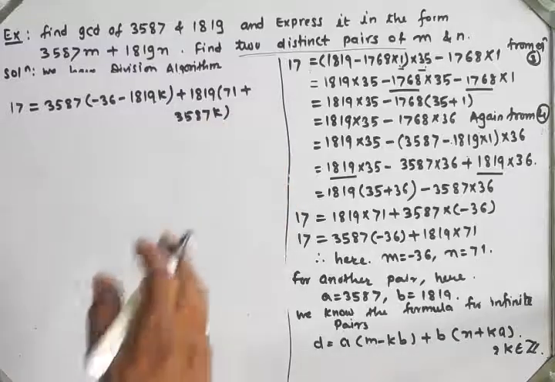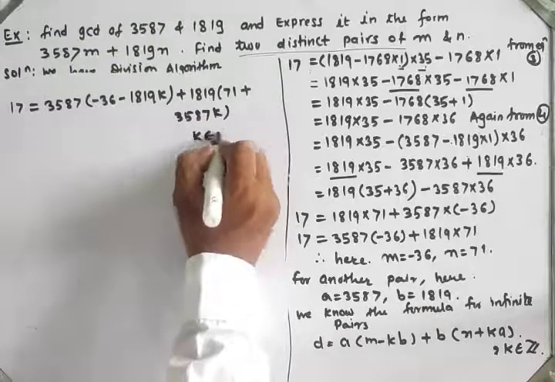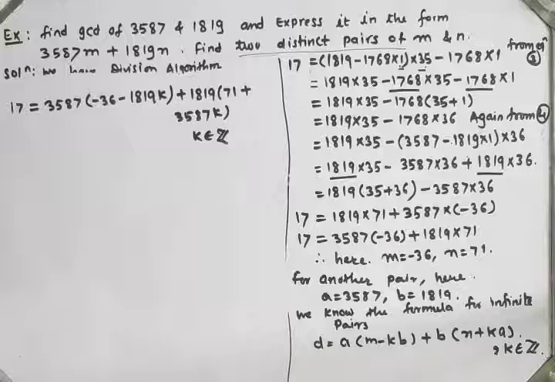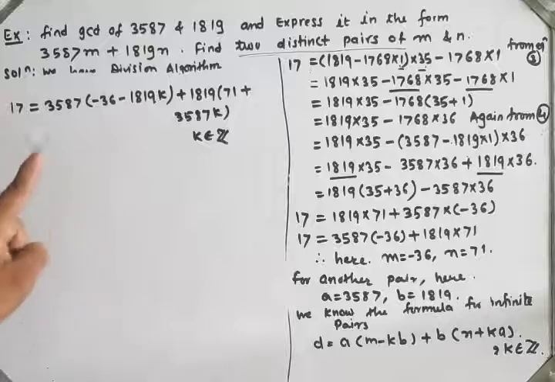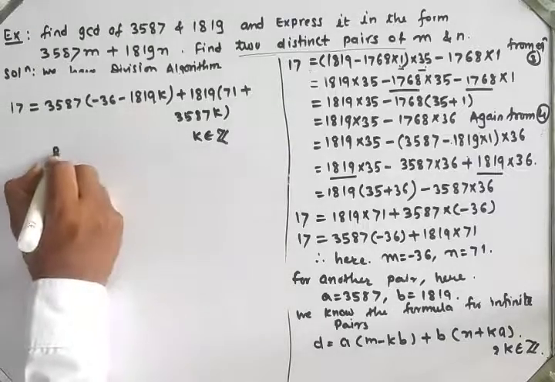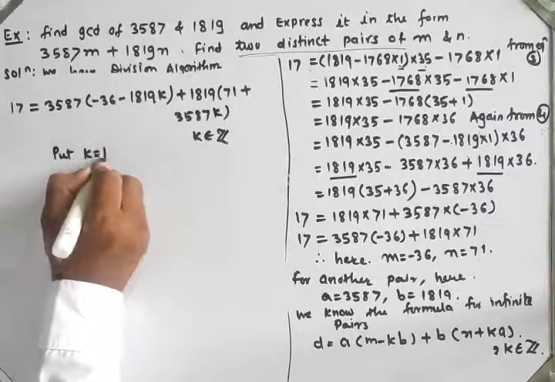So k belongs to the set of integers. If I put values of k from the set of integers, then I get infinitely many solutions of that pair, right? Now I will put k is equal to 1.